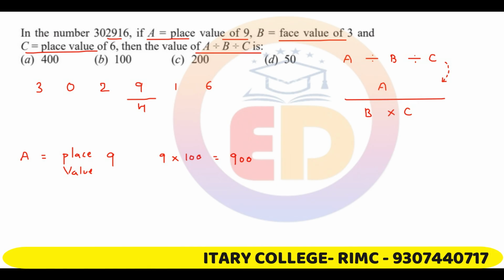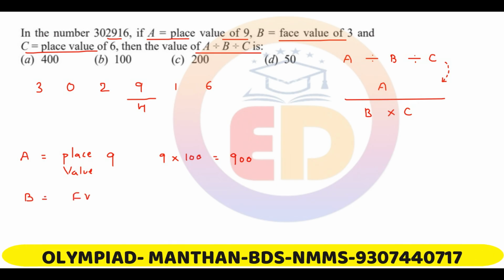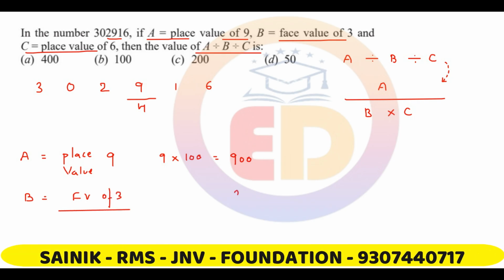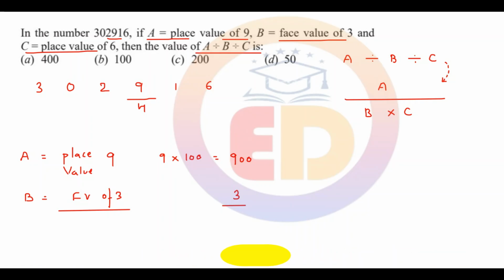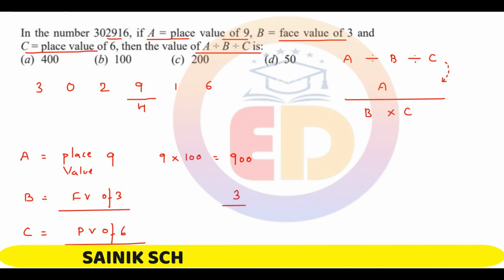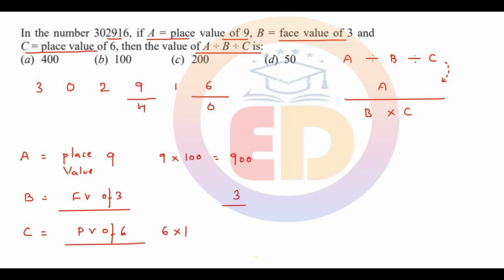B is face value of 3. Now for face value of 3, you don't need to go to the places. Face value of 3 will be 3. So value of B is 3. And C is the place value of 6. Now 6 is present at 1's place. So its place value will be 6 into 1, which is 6.